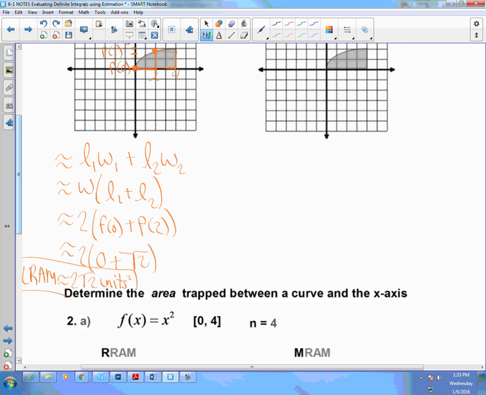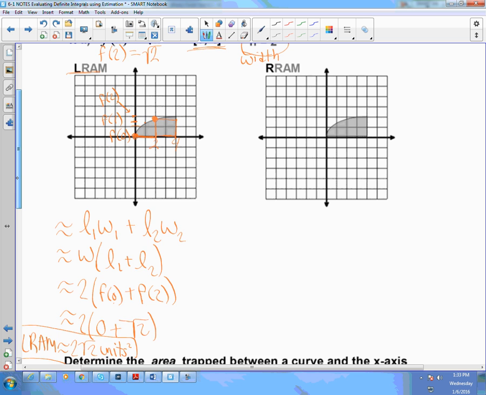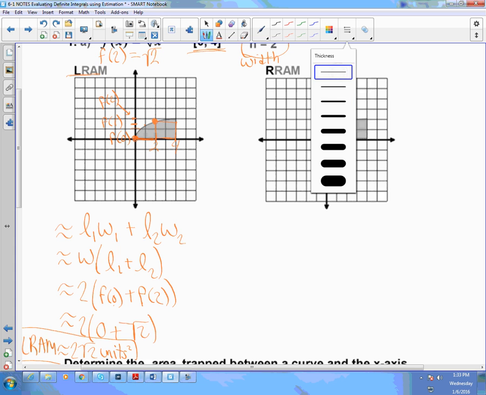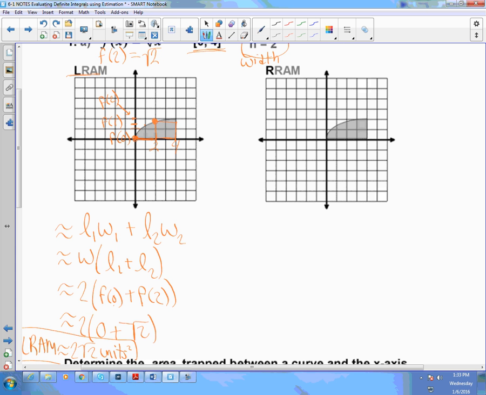Okay, let's try to see the same function but with RRAM. So, in the right endpoint, still with the 2 though. So from 0 to 2, this rectangle doesn't need to be flat. Oh, but there's the right endpoint, which comes all the way up here.